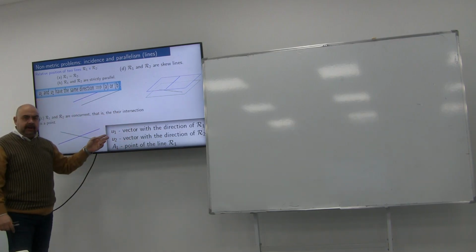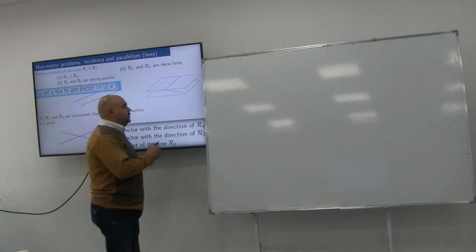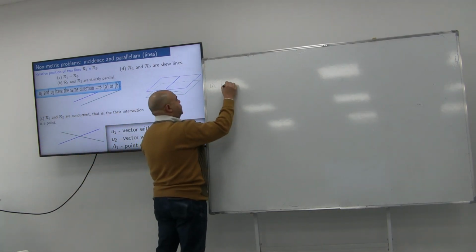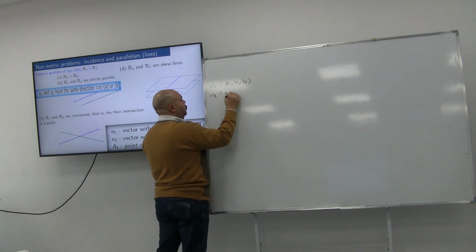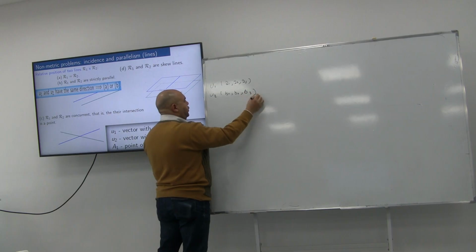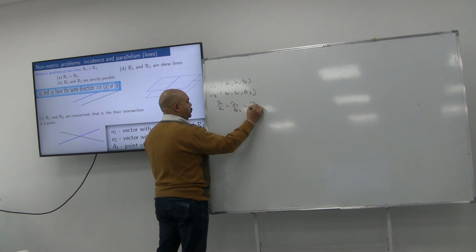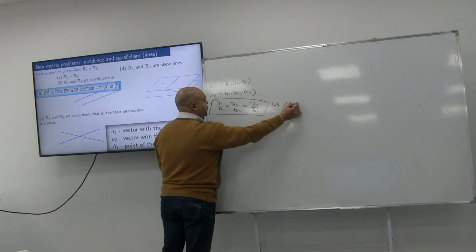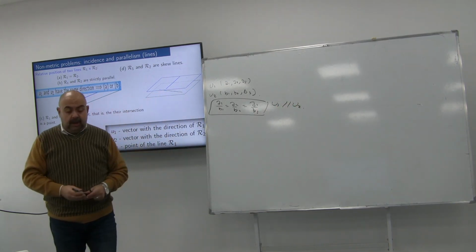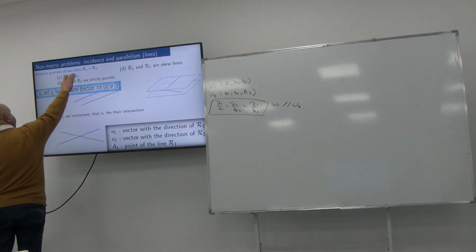So if they have the same direction, which means U1 and U2 have the same ratio in coordinates, which means that if U1 is A1, A2, A3, and U2 is B1, B2, and B3, you will find A1 over B1 equal to A2 over B2 equal to A3 over B3, which means that U1 is parallel to U2. So they are sharing the same ratio, as I told you. So this is the condition for these two cases.